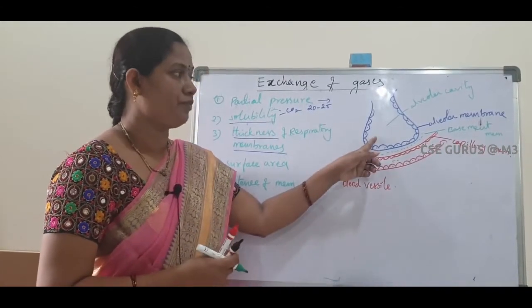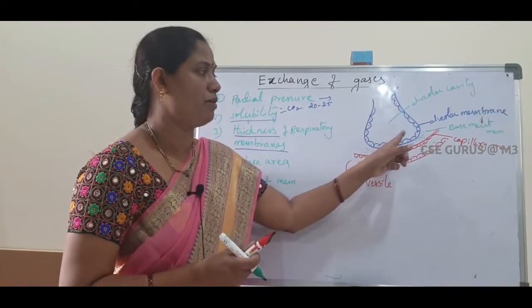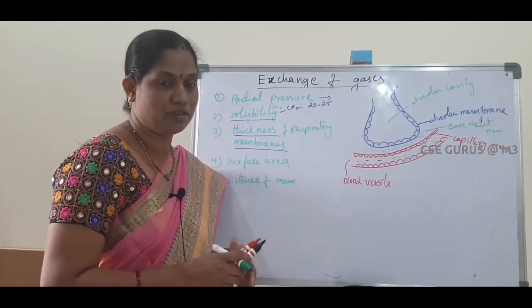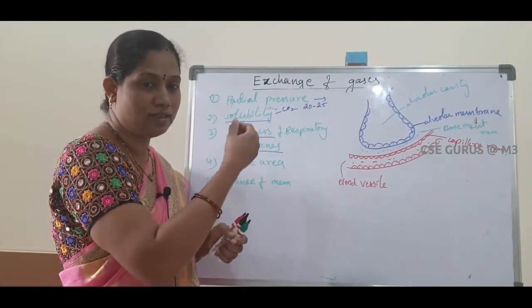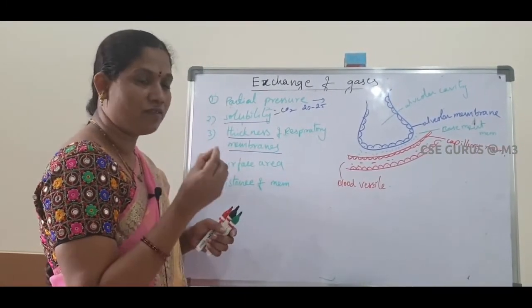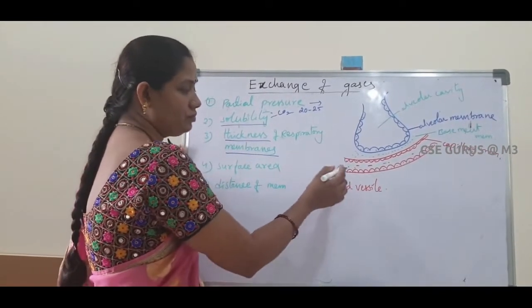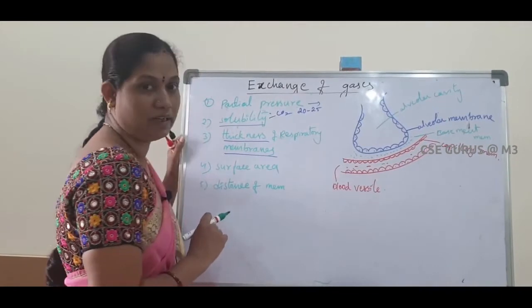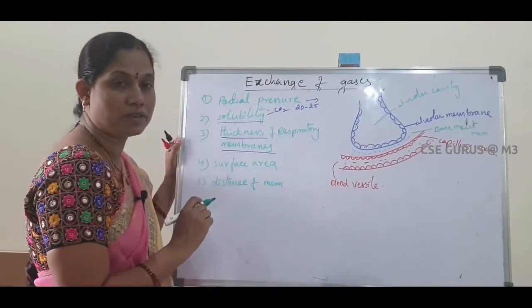In the lungs, the alveolar membrane is made up of simple squamous epithelial tissue, a single layer of cells. It forms a very thin layer. At the same time, the blood capillary is also made up of simple squamous epithelial tissue.